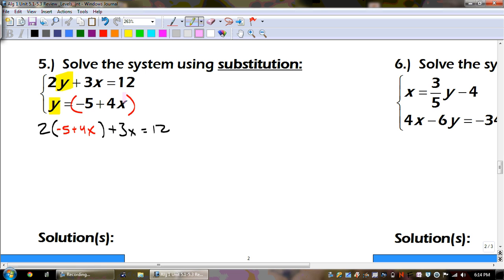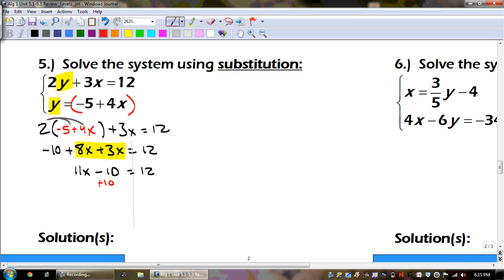I know I did it right because we only have x's as variables. So we have to distribute. We get -10 plus 8x plus 3x equals 12. Go ahead and combine your like terms. I'm going to put that variable first, so we get 11x minus 10 equals 12.